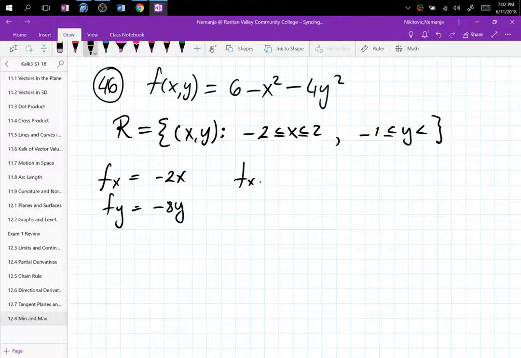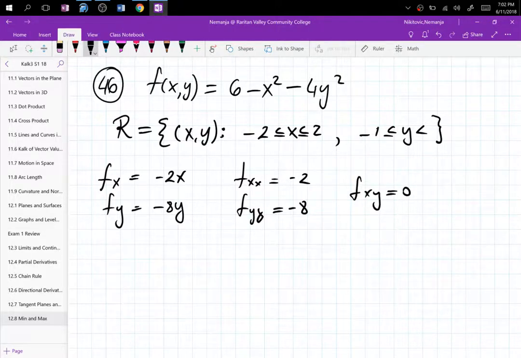Now I need fxx, that's going to be negative 2. fyy, negative 8. fxy equal to 0. Now, if I set both of these equal to 0, I get negative 2x equal to 0, so x is 0. And negative 8y equal to 0, y is equal to 0.